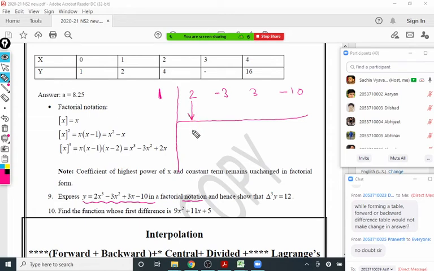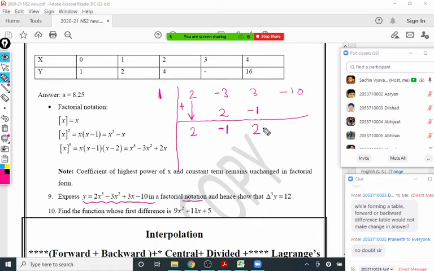So I will write it as 2. The highest coefficient is kept as it is. Cross multiply: 2 into 1 is 2. Take addition, there is a plus sign there. So minus 3 plus 2 is minus 1. Cross multiply: 1 into minus 1 is minus 1. Addition: 3 minus 1 is 2.